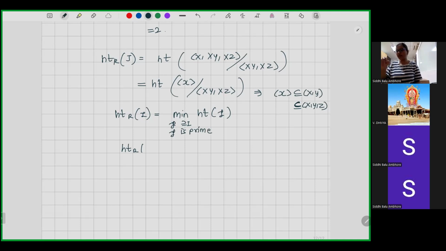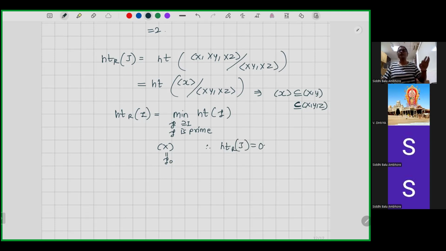So X is a prime ideal, which is also a minimal prime, containing this (XY, XZ). And this is the only chain here, P0. So therefore, the height of J in R is 0.